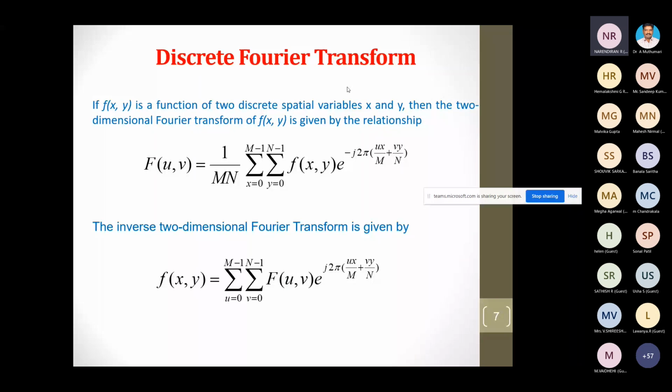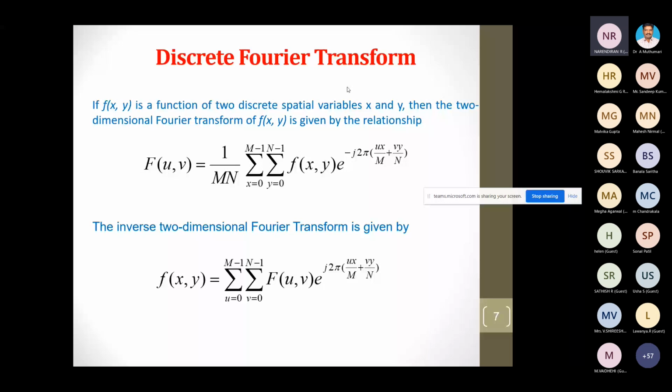So if you take 3 by 3, there will be 9 elements. All 9 individual elements will be multiplied by the complex exponential with some parameters, then summed, and after the summation the result is divided by 9. So m is equal to 3, n is equal to 3. We are making an average of this exponential and assigning it to the capital F of u comma v.